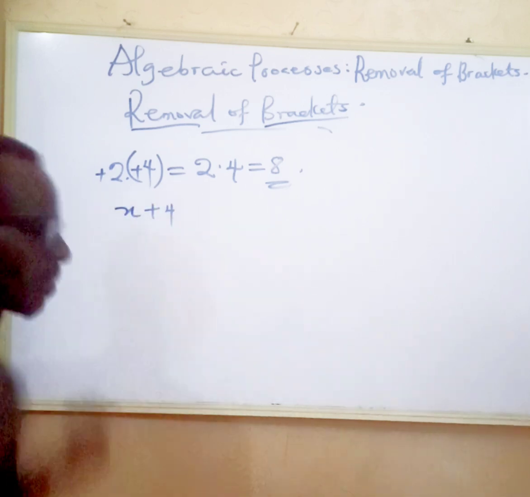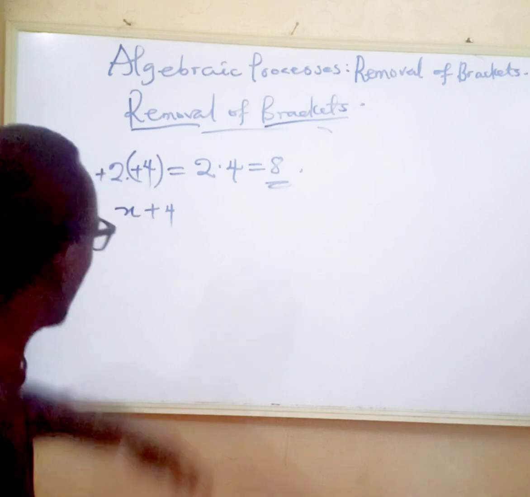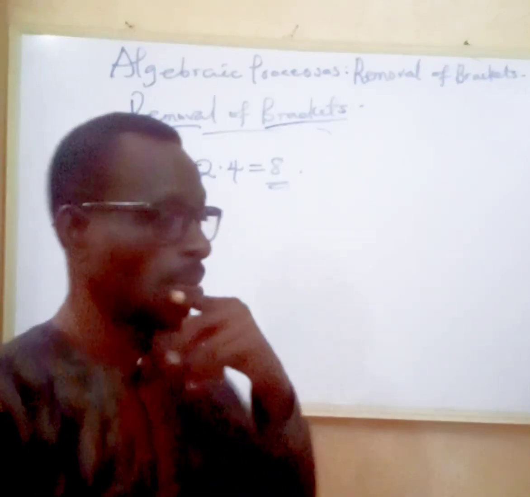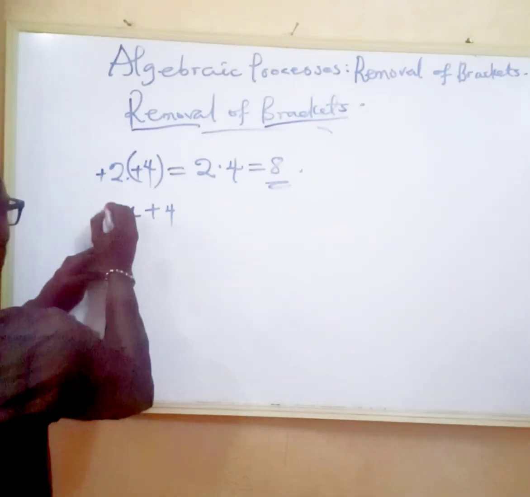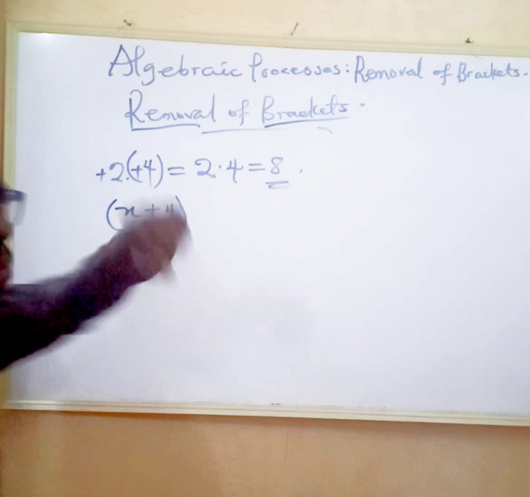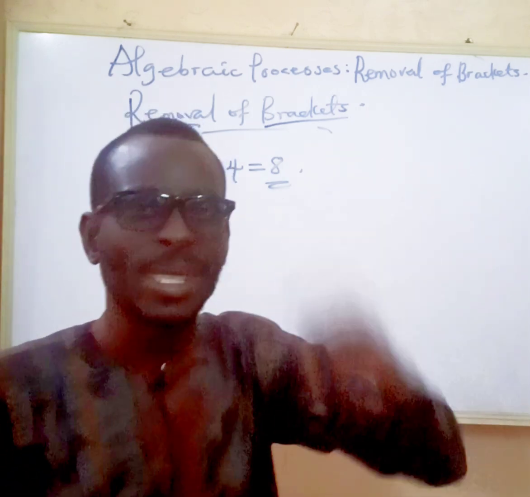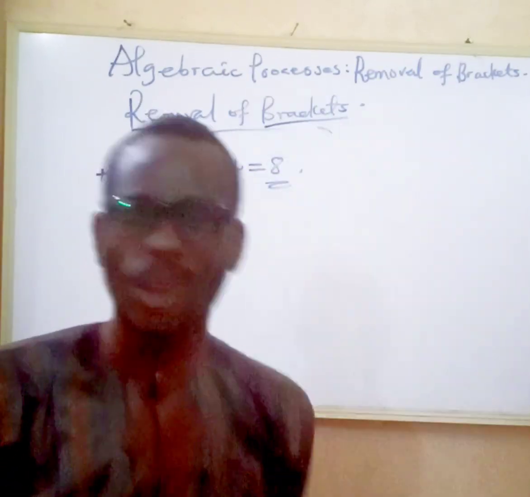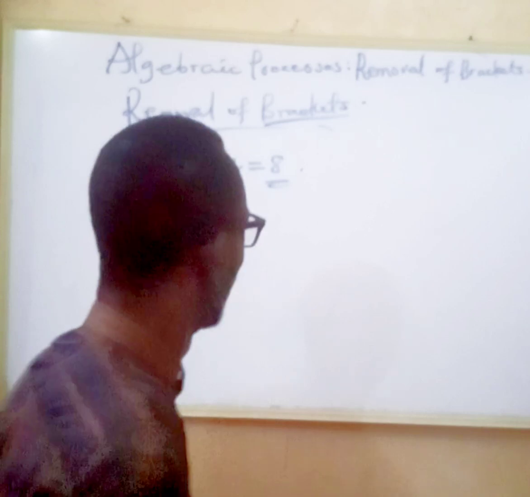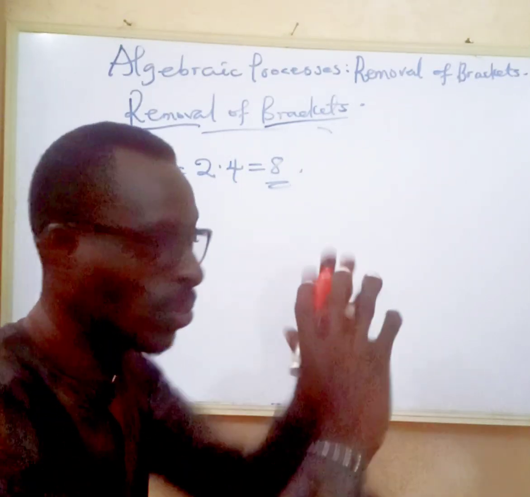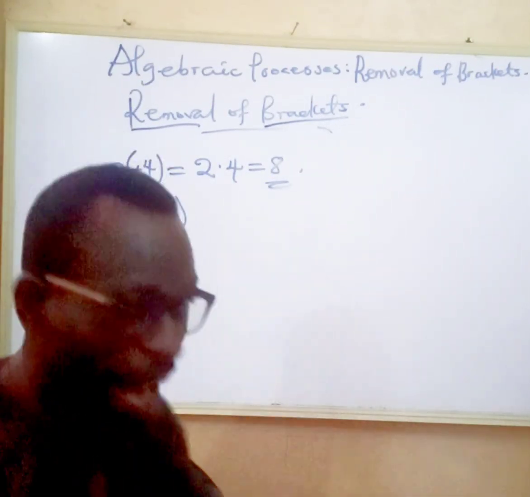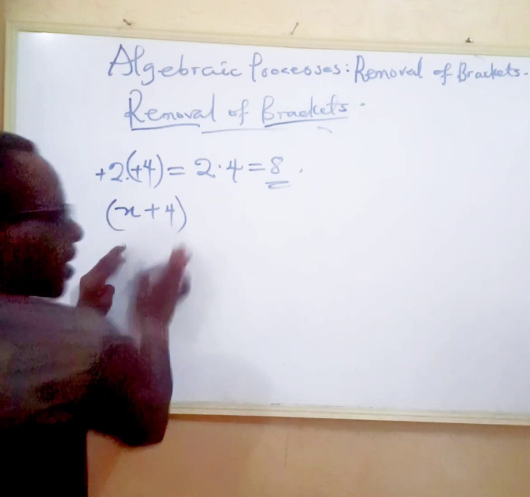That's an expression. But when there is an inclusion of a bracket, that shows that there is an outer number of variables that has a multiple being multiplied by the expression.